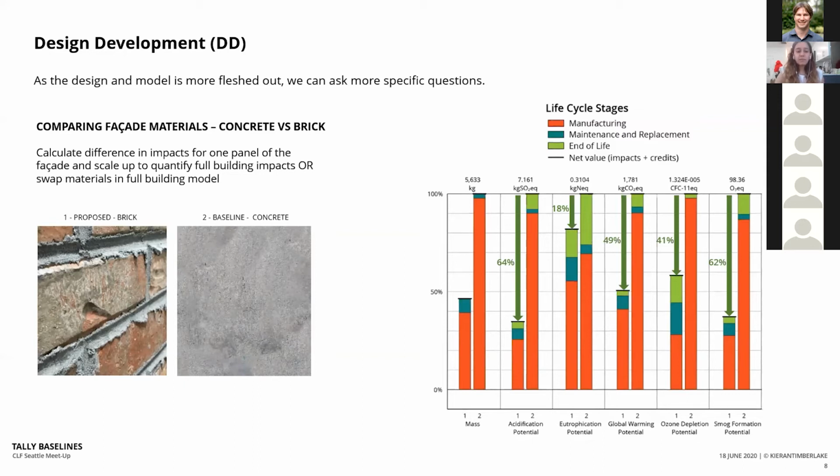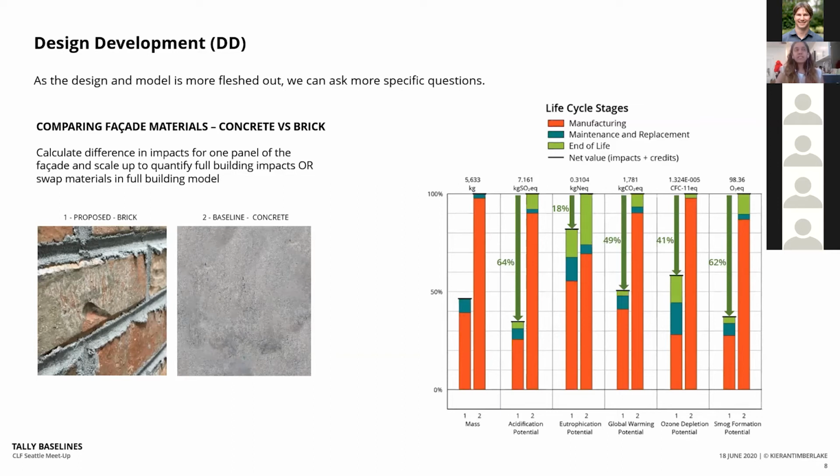And in this case, also, we used just a small section of the facade modeled in Revit and then applied these two materials to that using Tally. And we were able to get the differences in impacts for that small unit and then scale that up to the entire building scale. And we found that the brick is performing better in this case.